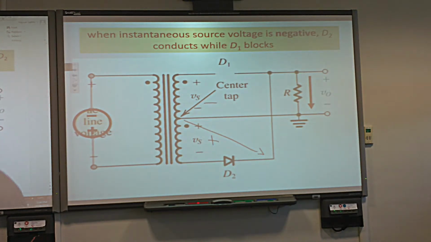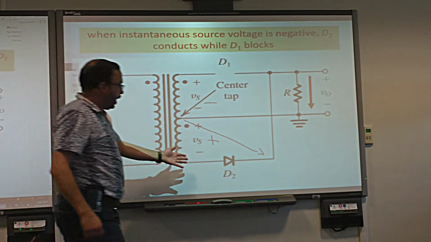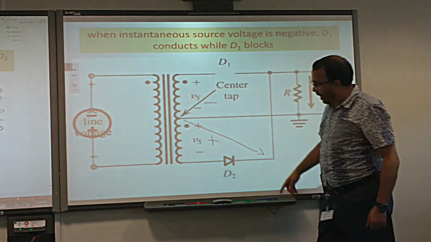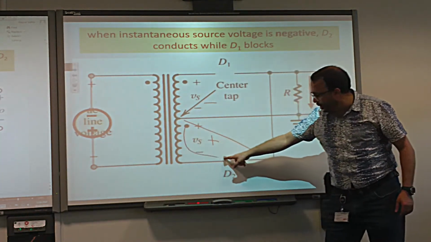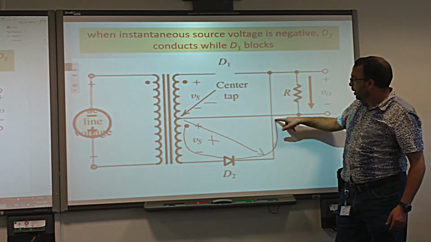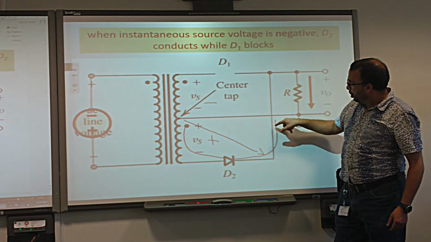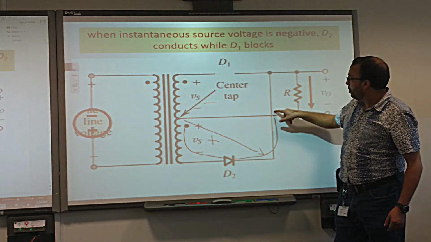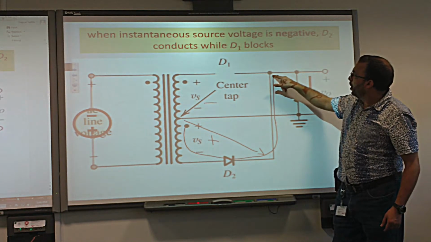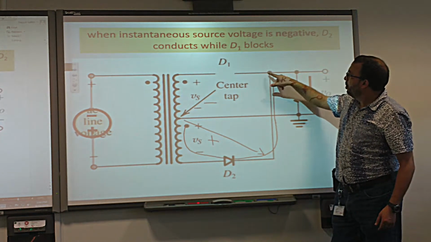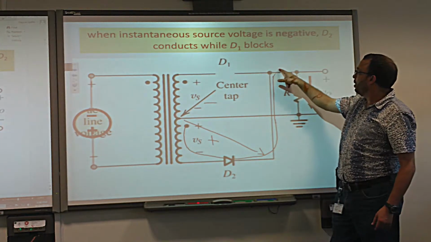So now we are below minus 0.7, more negative than 0.7. This guy will start to conduct and then the current will go like this. There's no dot here, that means there's no relation between this wire and this wire. Here, do I go left or right? Because it's open, I continue.